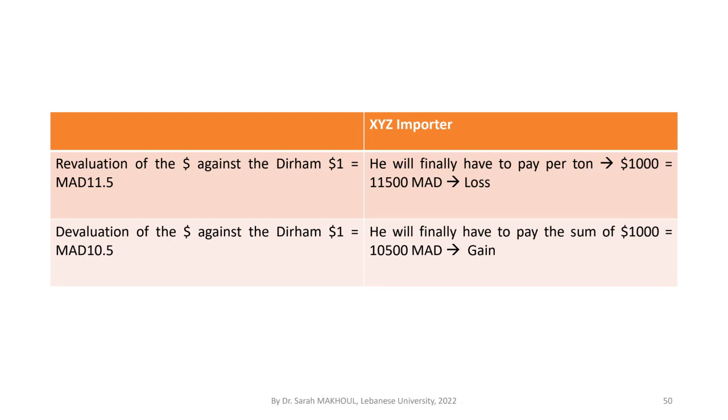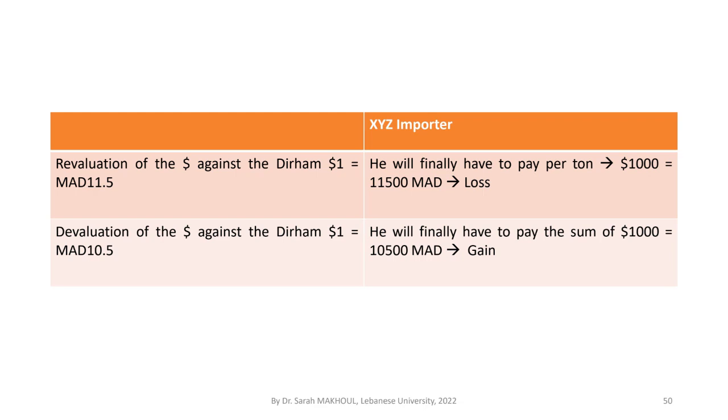In case of a devaluation of the dollar against the dirham, which means $1 equals 10.5 dirhams, the company, the importer XYZ, will gain on this position because it will pay 10,500 dirhams against the $1,000.